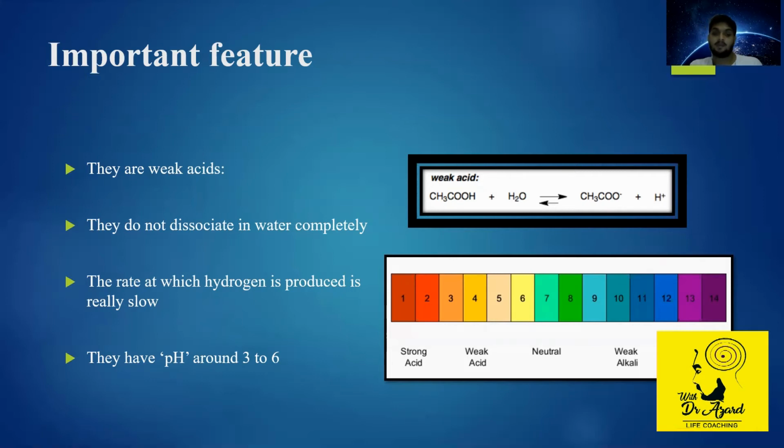And if you measure the pH using a pH probe, you will see weak acids range from 3 to 6. That's the whole point of these weak acids, because you will definitely be asked questions with regard to carboxylic acids, and a mixture of carboxylic acids and weak acids.